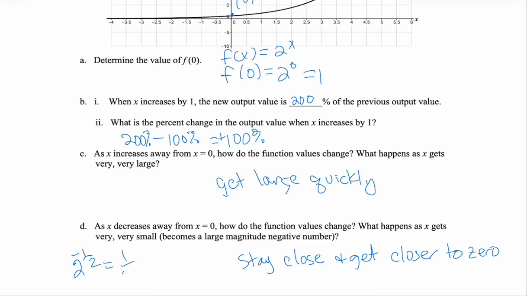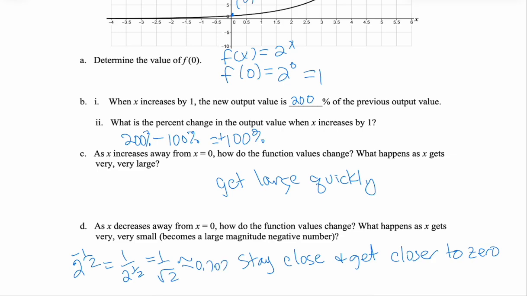So that would become 1 over 2 to the half, or 1 over the square root of 2. I believe it's something like 0.7-ish. Yeah, it's roughly 0.707.